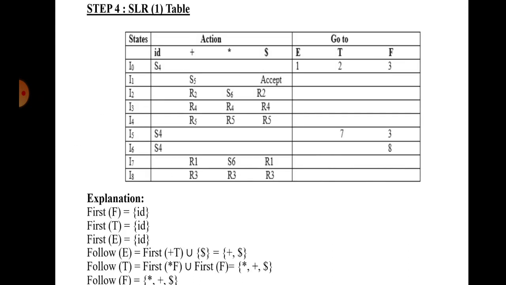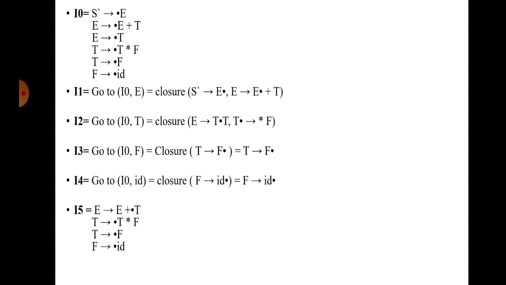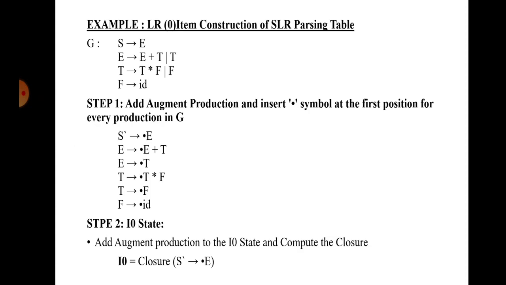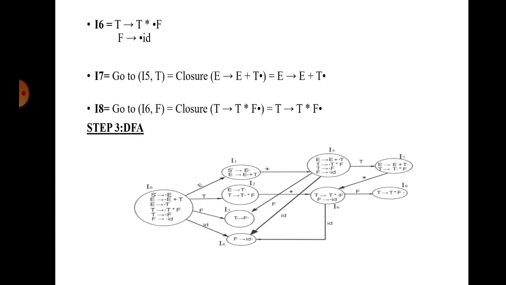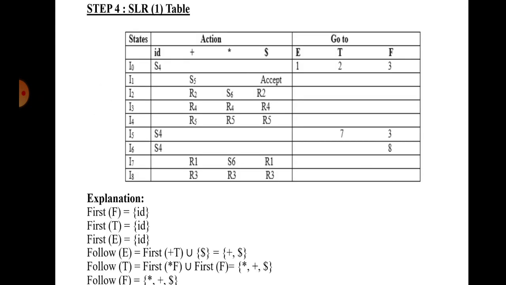So in I3, for the follow T values plus, star and dollar, we place R. We also have to write a number in the reduce action. The reduce action is T tends to F, which is the fourth production, so we write the production number 4.